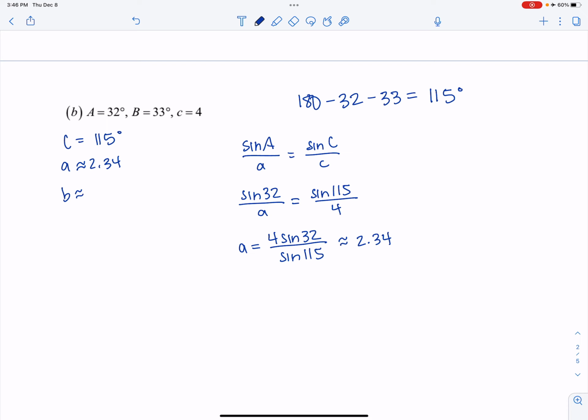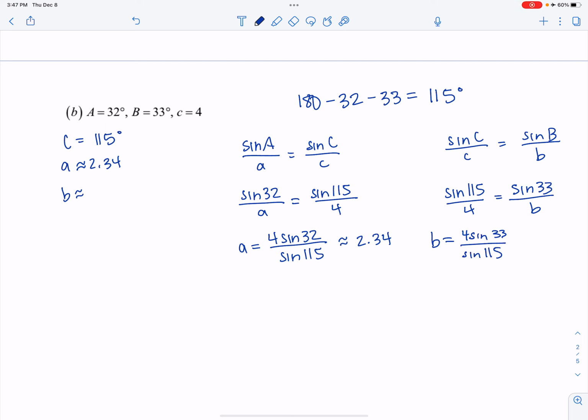There we go. For B, we can do sine C over C equals sine B over B. So we'll have sine of 115 over 4 equals sine of 33 over our missing B. Through cross multiplication, we get B equals 4 sine 33 over sine of 115, which is approximately 2.4.